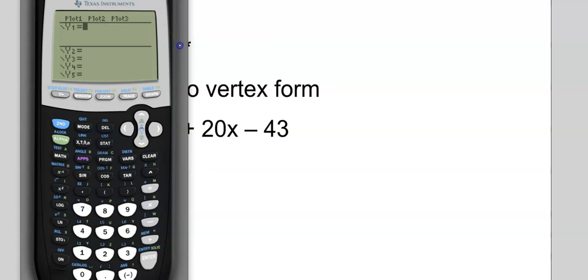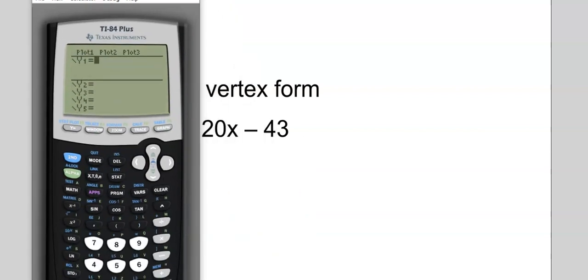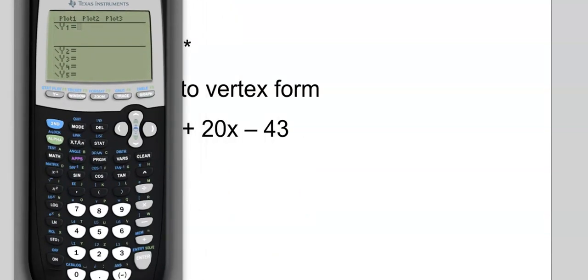So we're going to put in -2x squared plus 20x, make sure I got my x in there this time, minus 43. Now, let's work backwards and use a calculator to help us figure out vertex form.